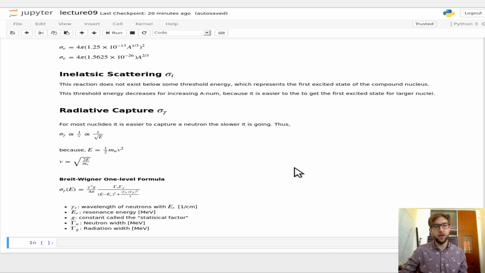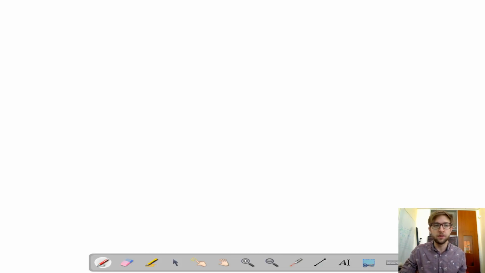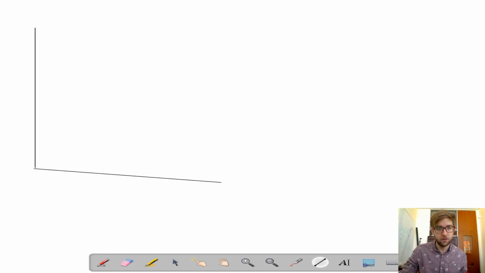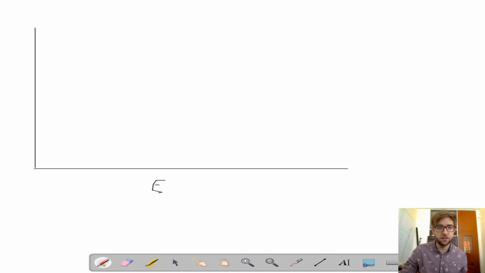If we wanted to put these two pieces together, let me draw axes for us. If this is energy on this axis, and this is sigma sub gamma, the cross-section, what you'd see on a log-log plot is that it's much more likely that we'd capture lower energy neutrons than higher energy ones.